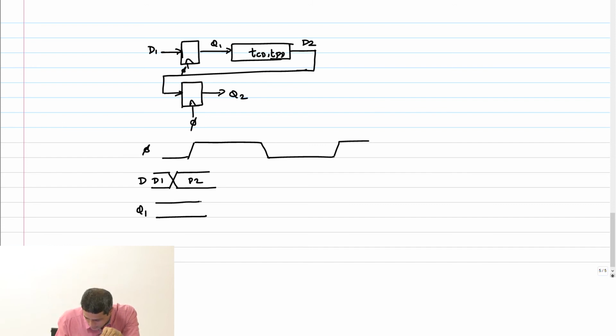So you look at this. Okay? And D2. Where is D2? It is going to start changing after T_CD from T_CCQ. Correct? So the earliest change will happen here.